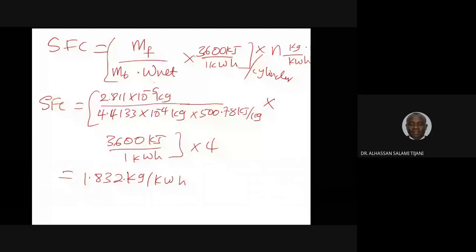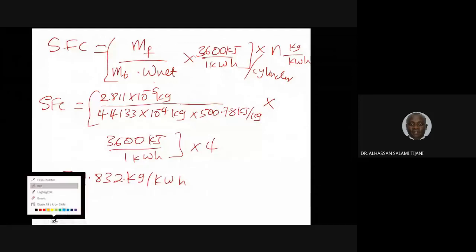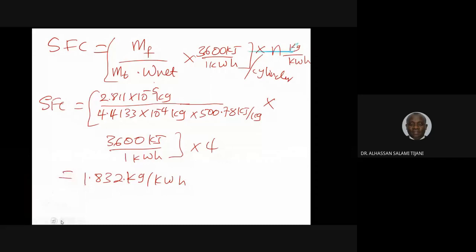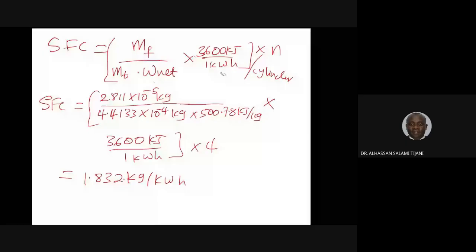This is not supposed to be there, because I've already put it in the denominator side. Okay, so let's move ahead.